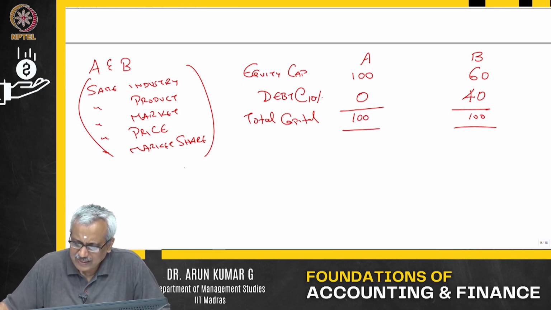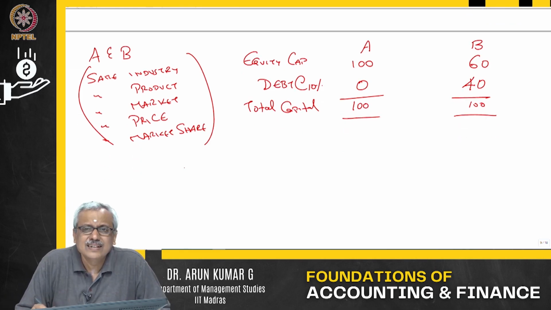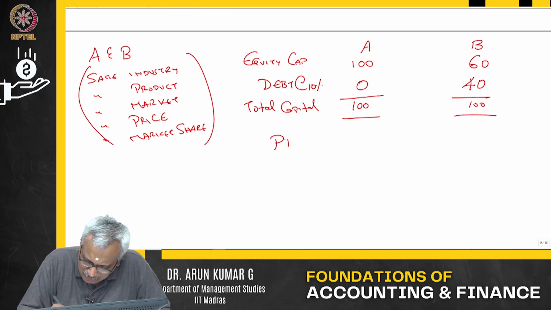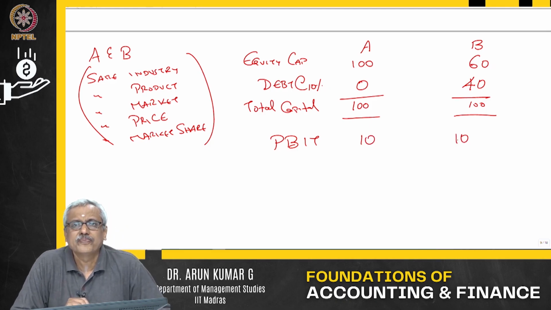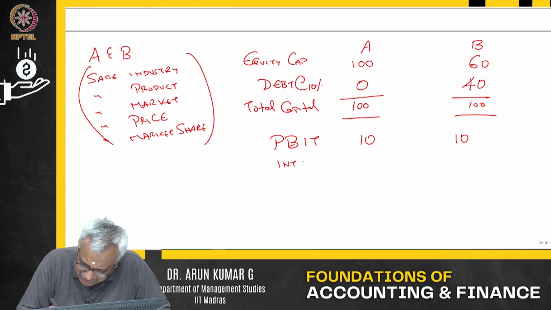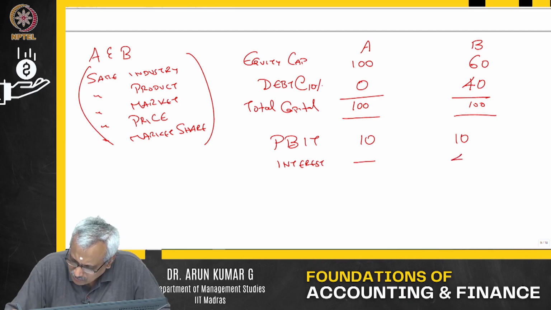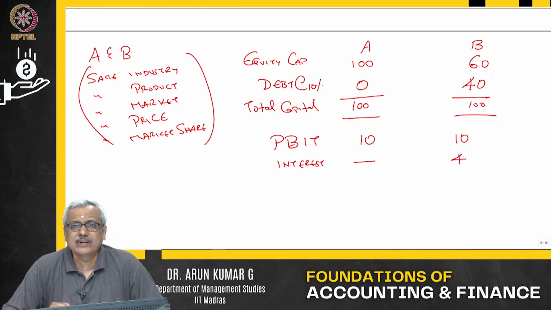Now, both make a profit before interest and tax of $10. I will say my interest component is 0 here, $4 here, because it is 10% on 40.